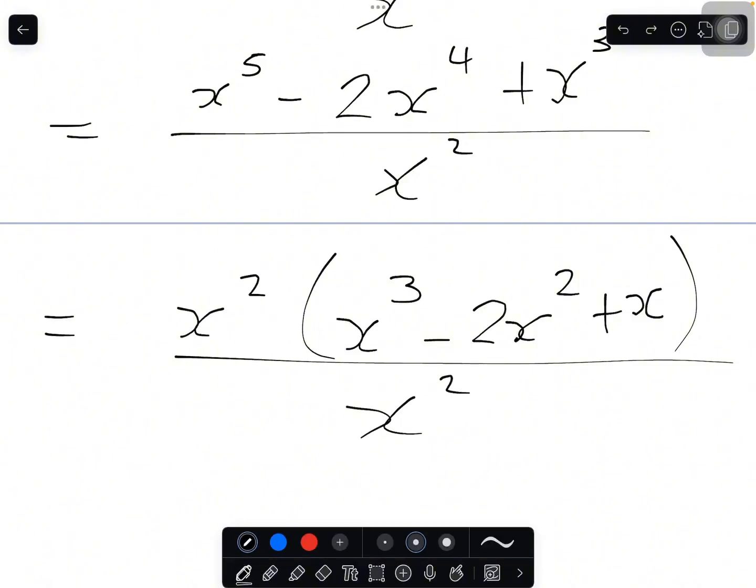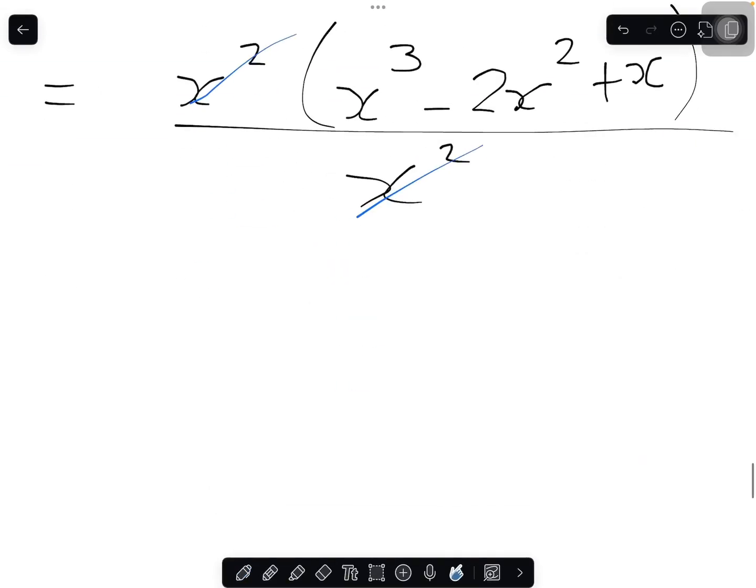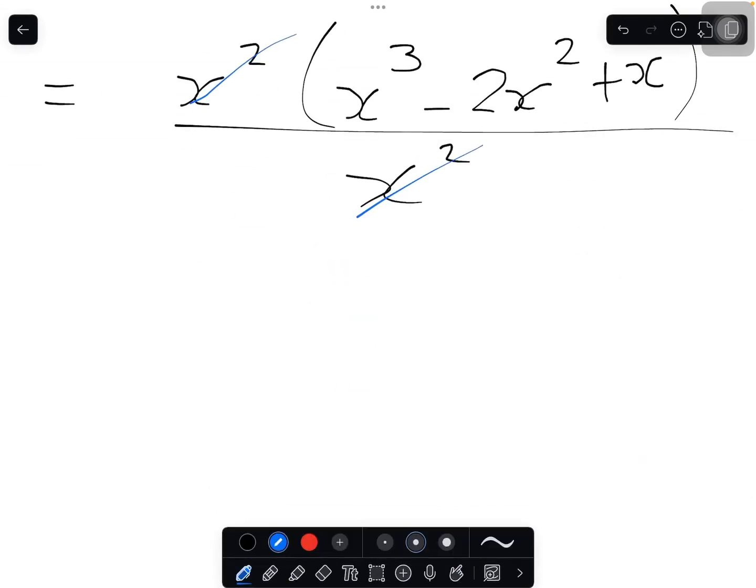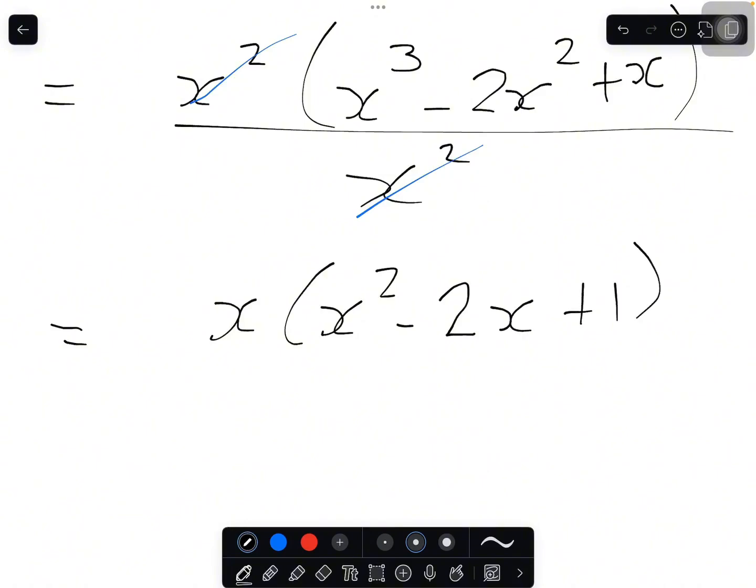Let's do our cancelling out in blue. And now the terms I am left with, I can remove another common factor of x, which I'll then get x squared minus 2x plus 1. And if I was to factorize this, I'll get x into x plus 1 squared.